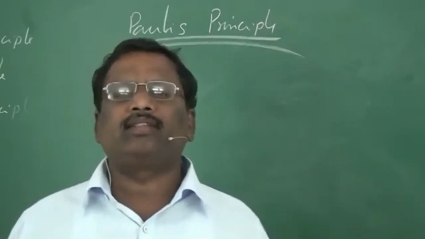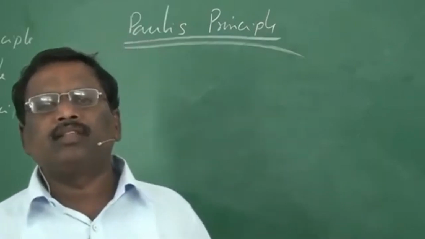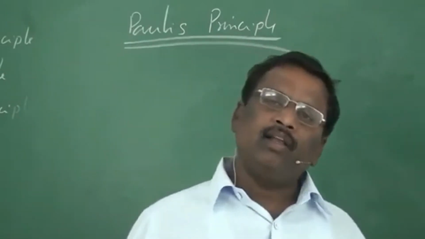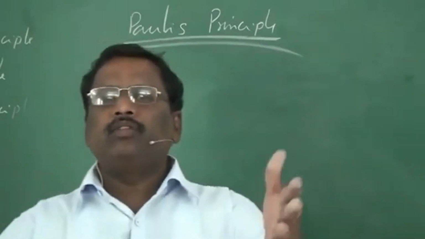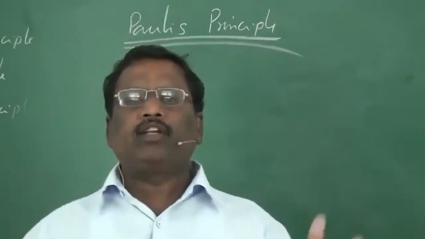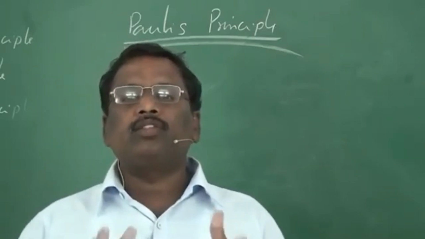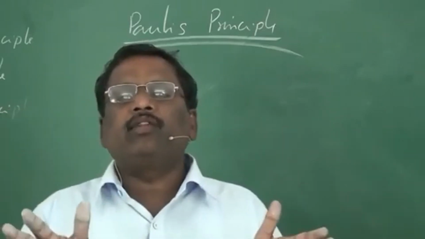We have already discussed that these quantum numbers are just like our address. Suppose in your class there are 40 students. No 2 students will have the same address. Because what are the details given in your address?